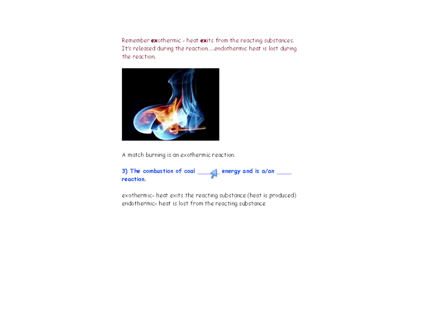So the second blank would be exothermic. And then does an exothermic reaction use up energy or does it release energy? What would we put in the first blank there? Okay, it's going to release or produce energy, right?